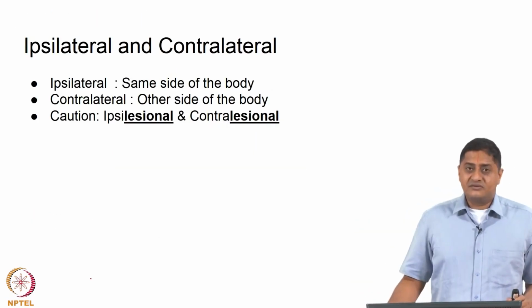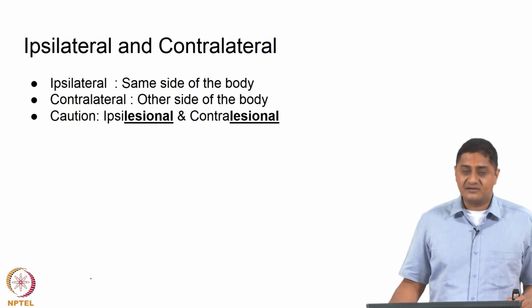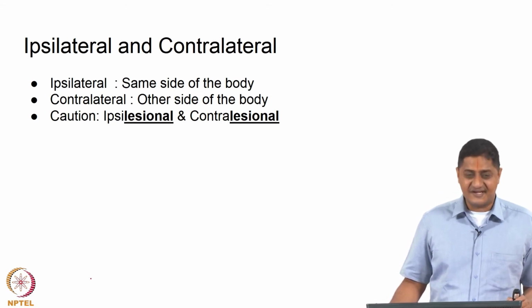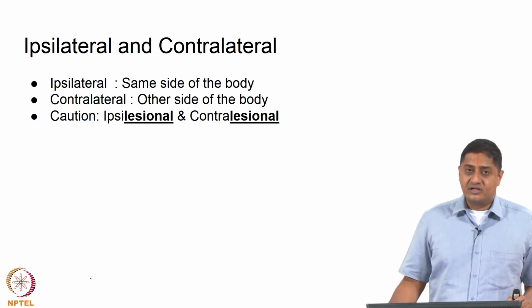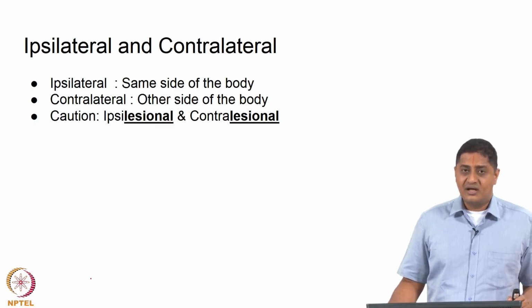Another term that we must remember is ipsilateral and contralateral. Ipsilateral refers to the same side of the body, whereas contralateral refers to the opposite side of the body. So, if you are referring to the left side of the brain and the left side of the body, the left side of the body is ipsilateral to the left side of the brain.